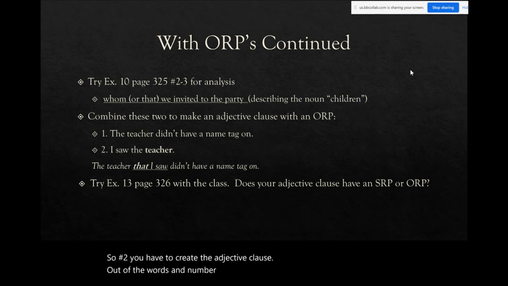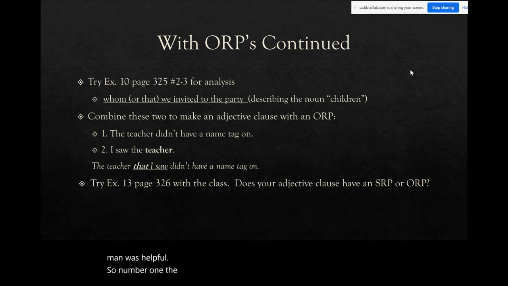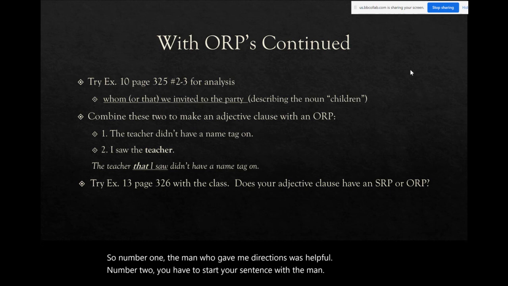And then you're going to put it into the sentence, the man was helpful. So number 1, the man who gave me directions was helpful. Number 2, you have to start your sentence with the man, okay? And then you're going to have an adjective clause, and then was helpful.